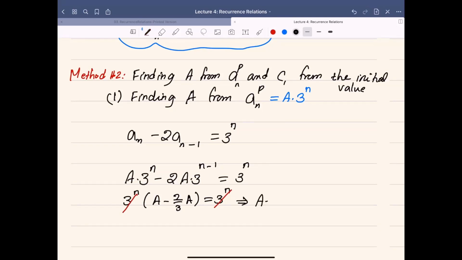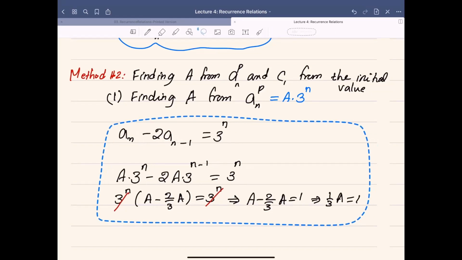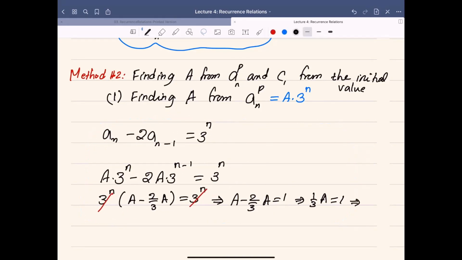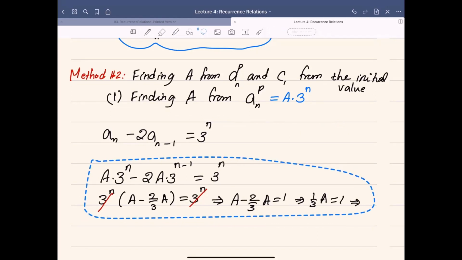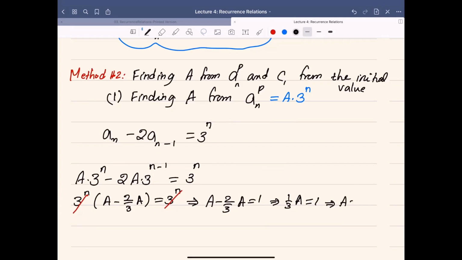You will have A minus 2 over 3 A is equal to 1, so 1 over 3 A is equal to 1. And from here, A is equal to 3.